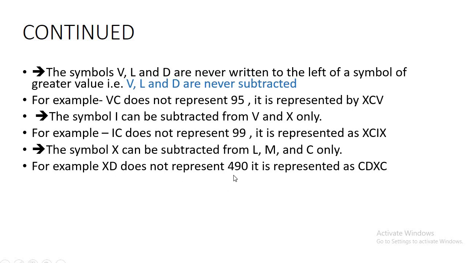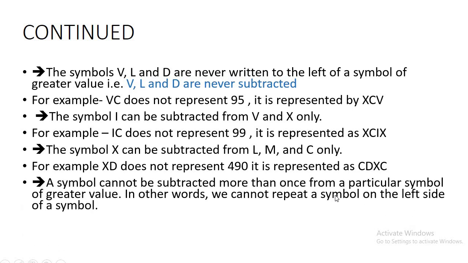Instead, in order to form 490, we have to break it as 400 plus 90. Now 400 is represented as CD because C represents 100, D represents 500, so 500 minus 100 gives you 400, and XC, as we have seen before, represents 90. So 400 plus 90 gives us 490.